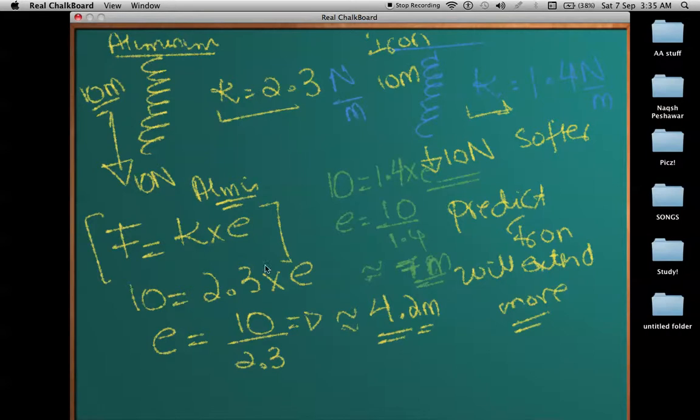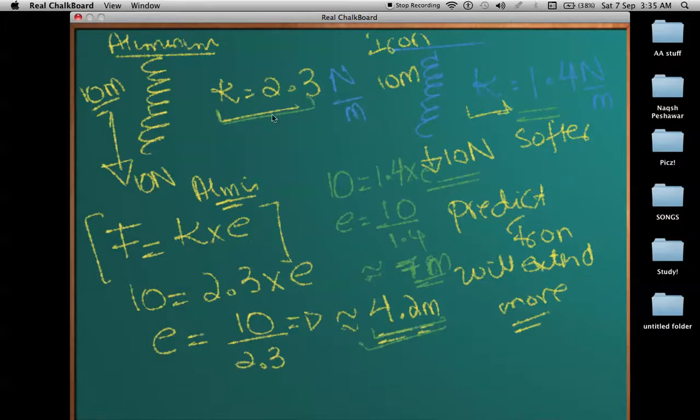So you can see that this spring with the lesser stiffness gives me more extension, obviously because it's a softer spring, as we predicted, compared to this one, which is a stiffer spring because it has a greater stiffness. That is why it's difficult for me to extend it.